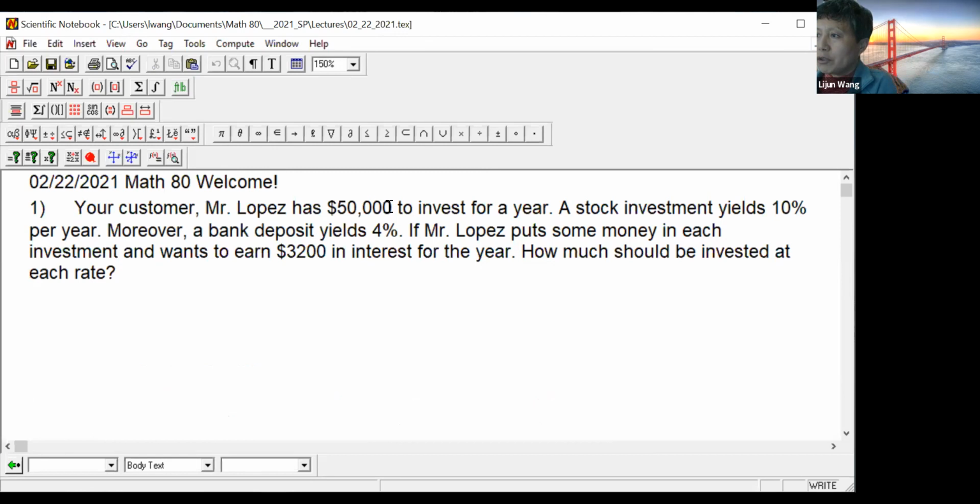I want each one of you to picture yourself to be either a financial advisor yourself, or you have this much money to invest. Say, I have $50,000 that I don't need for a long time. How am I going to invest this money so this money will bring more money for me?